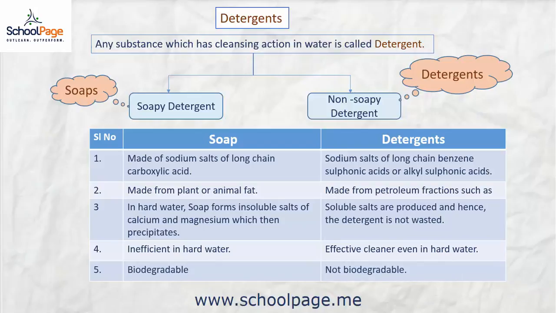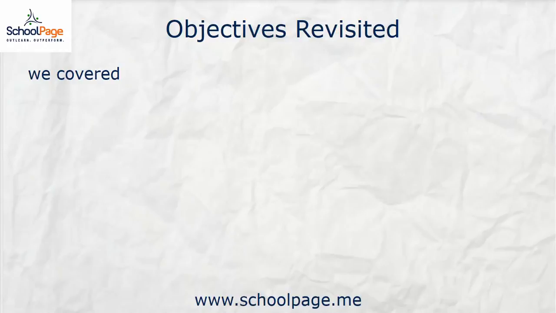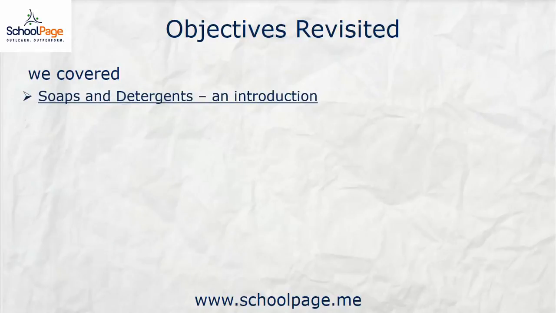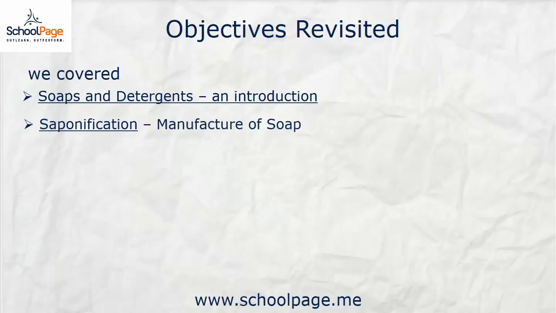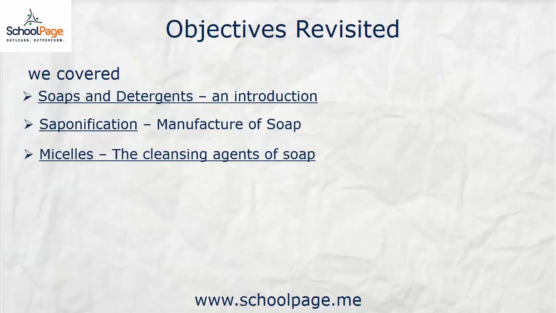We also saw that soaps form micelles, which are spherical aggregates of soap molecules, and these micelles remove the dirt from cloth and skin. In this video, you understood what soaps and detergents are, how soap is manufactured, that is the saponification reaction, and you learned the mechanism by which soaps clean, that is through micelles.